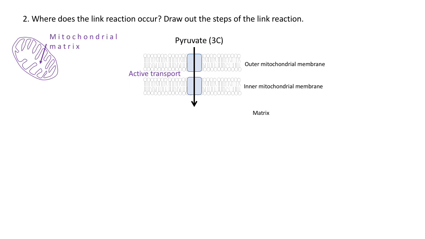That's in the cytoplasm. It needs to be transported into the matrix, and that occurs via active transport. So again, really important that you remember that removal of carbon dioxide is a decarboxylation process.